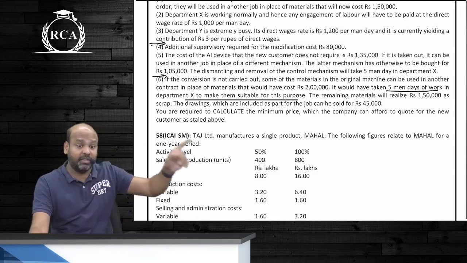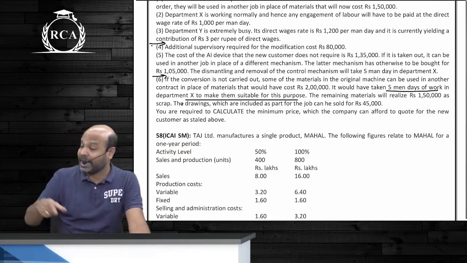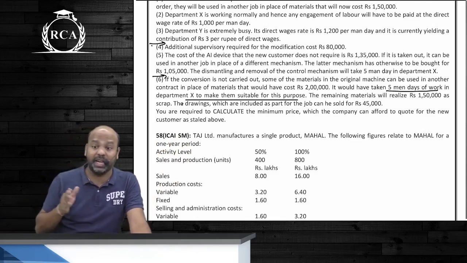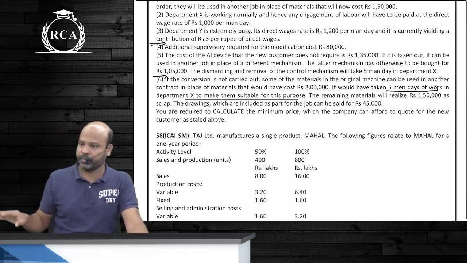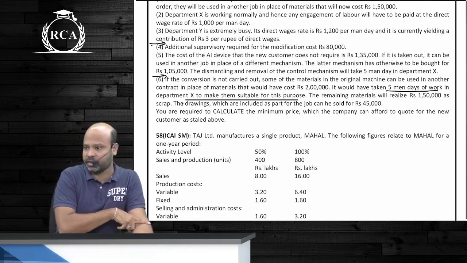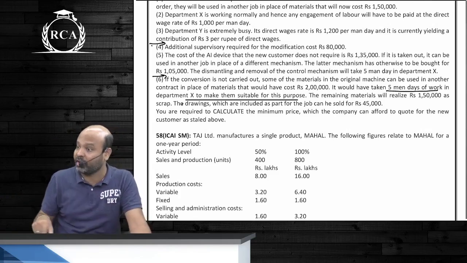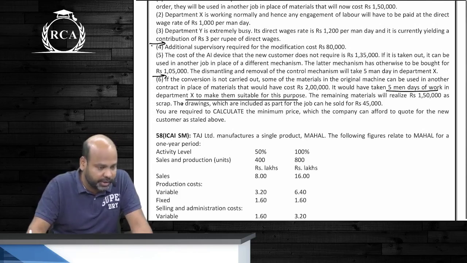That means my net saving would have been only 1,93,500. Now that I'm carrying out the conversion process, I will take that 1,93,500 as opportunity cost. If I do not carry out the conversion, I will be able to save it. If I carry out the conversion, it will now become opportunity cost. Are you getting the point, guys?